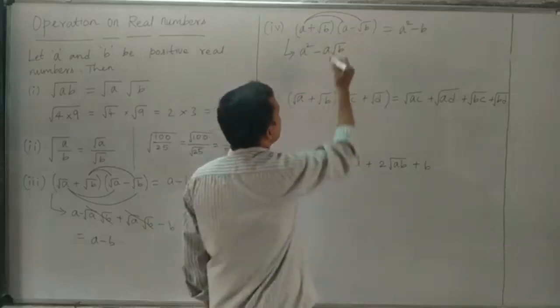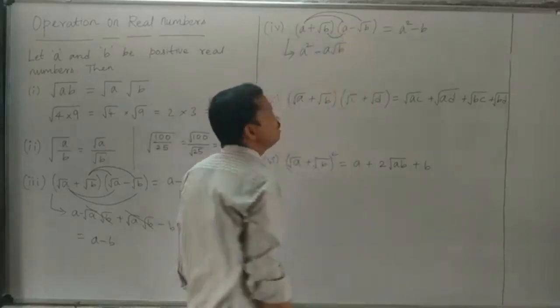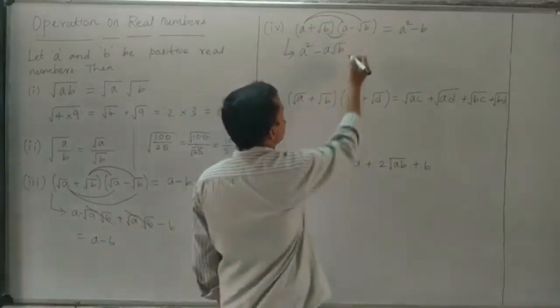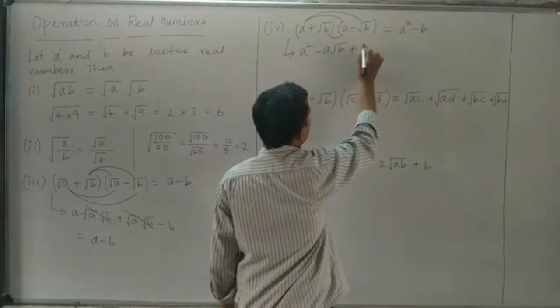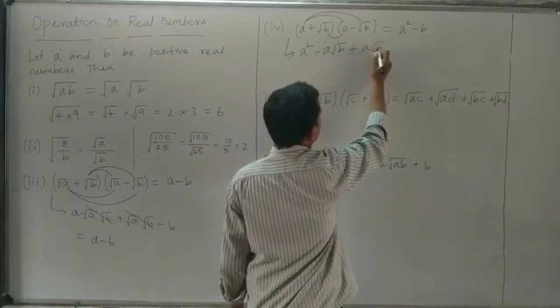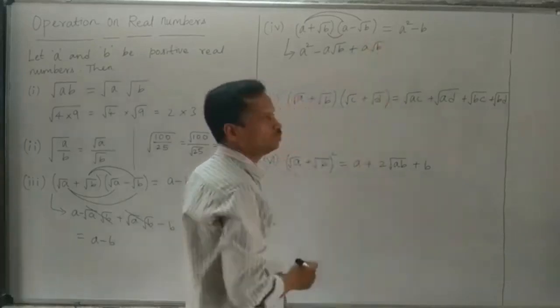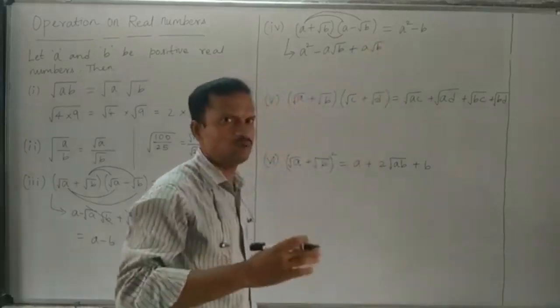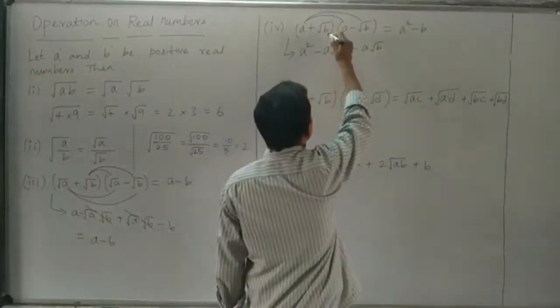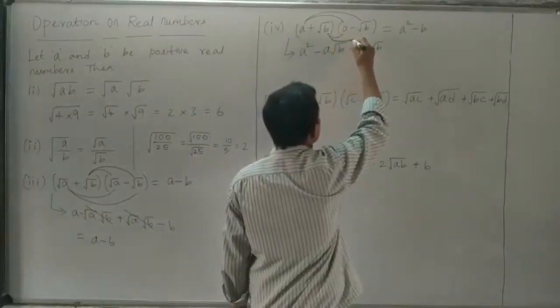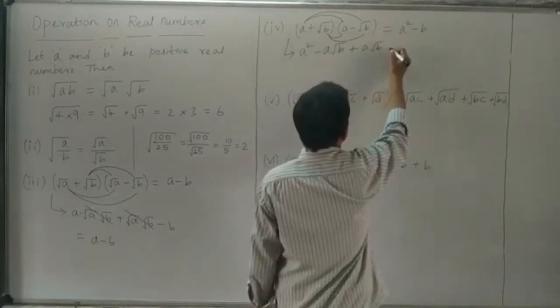And then root B into A, we get plus A root B. And then plus root B into minus root B, what happens?